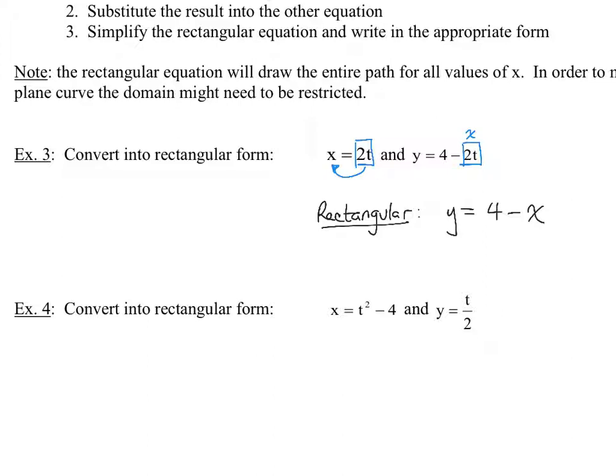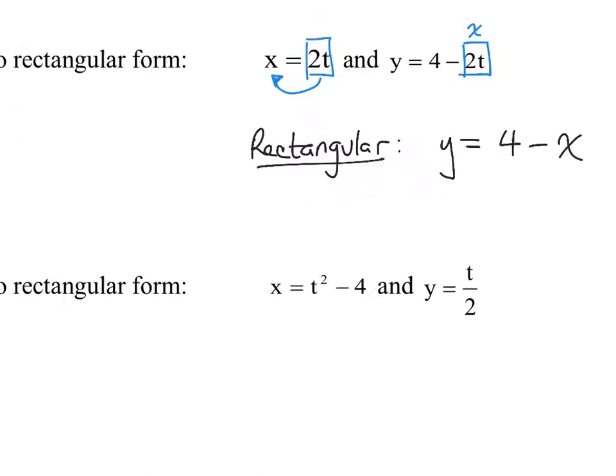So you got to do a little bit of background work. In the case of number 4, I would solve my second equation for t. T equals 2y. I'm only choosing the second equation because it's the easier of the two. Now I have a relationship between t and y.